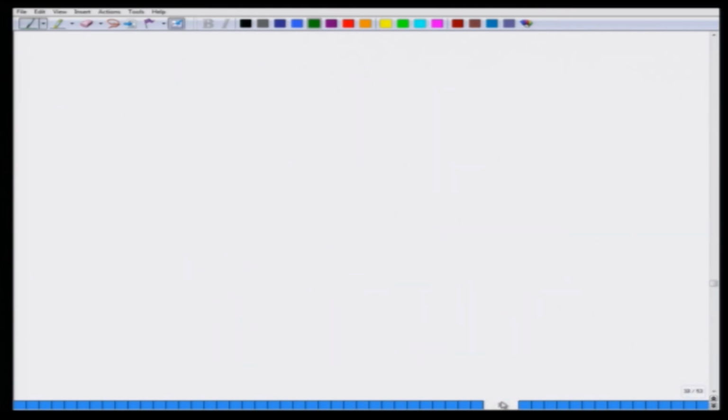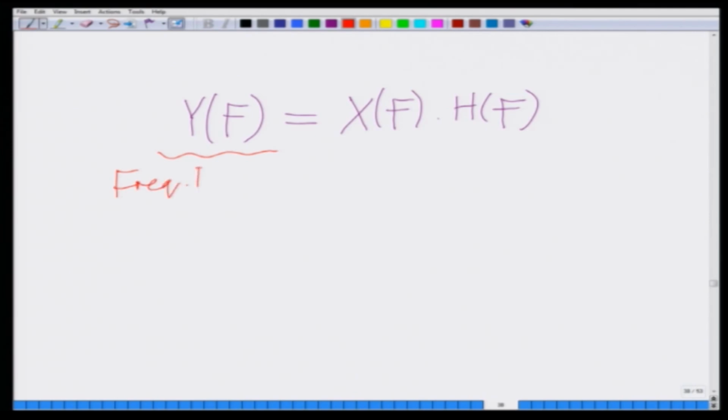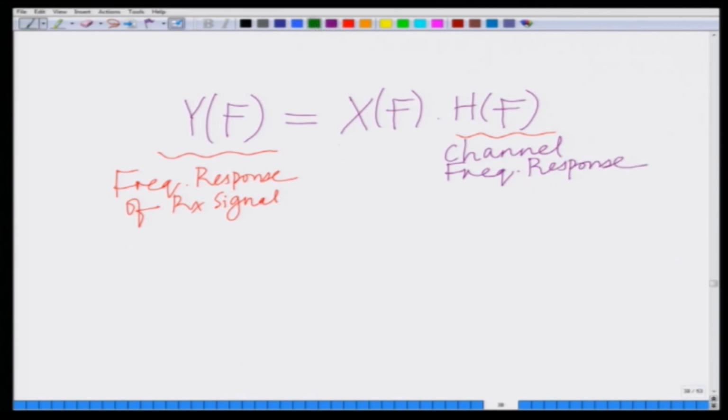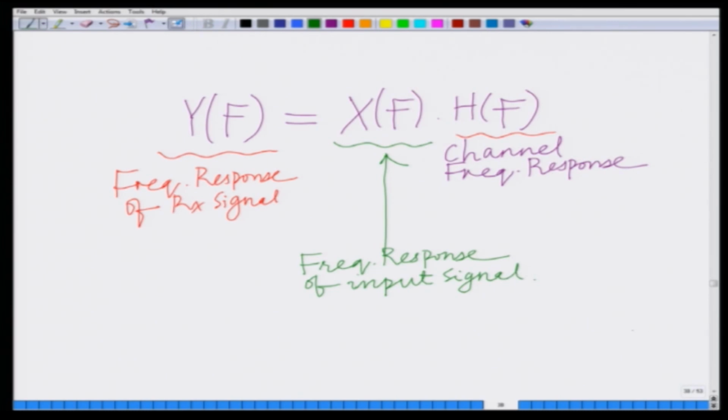Now, if it is a convolution in the time domain, we know that in the frequency domain I can write Y(f) equals the product of X(f) times H(f), where Y(f) is the Fourier transform of the received signal, H(f) is the channel frequency response, and X(f) is the Fourier transform of the input signal that describes the frequency components of the input signal.